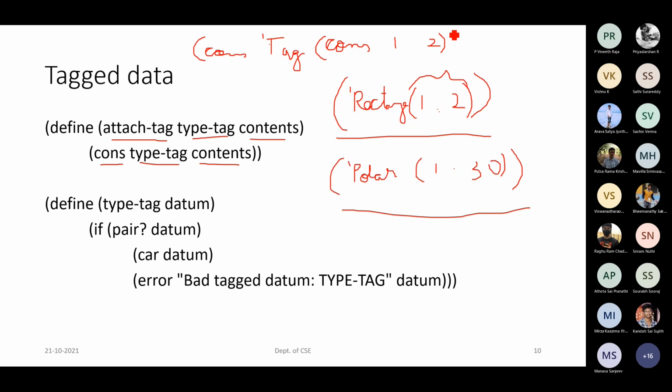This is how your complex number will look after attach tag. So cons of, if the tag name is rectangle, in place of tag, whatever I have written, it will be rectangle or polar, followed by cons of your complex number. So this is how the entire thing will look.